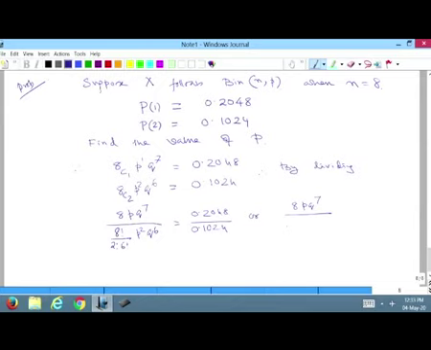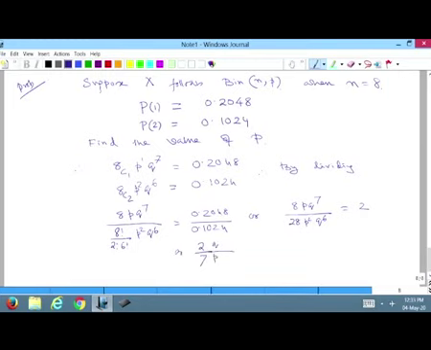So, that is 7 into 8, that is 56, divided by 2 is equal to 28 p square q to the power 6 is equal to 2, or 2 upon 7.